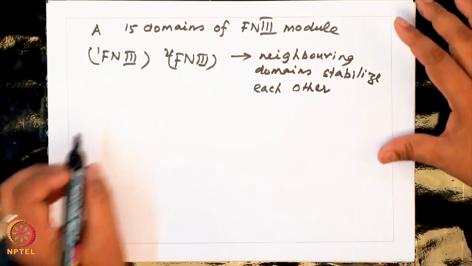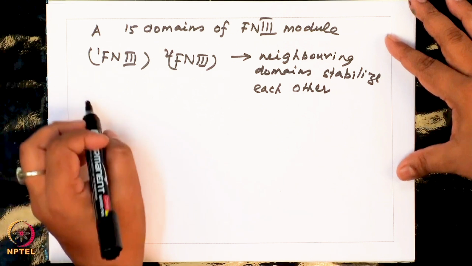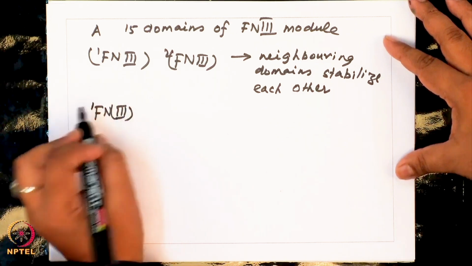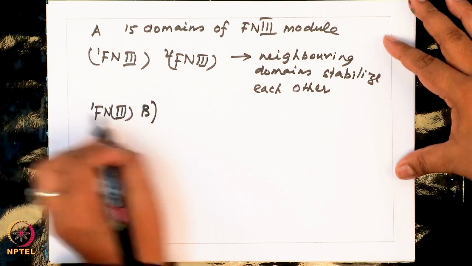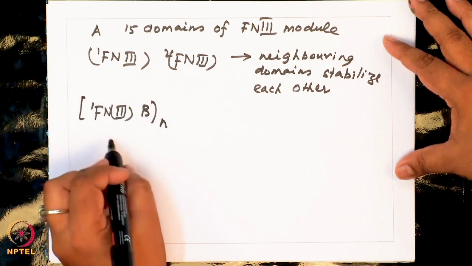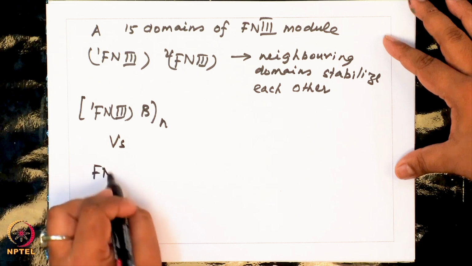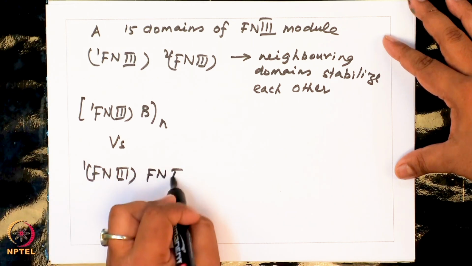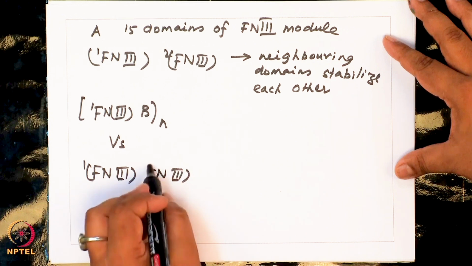In this case, what you might see, if you have a protein construct which comprises of, versus, of 2.